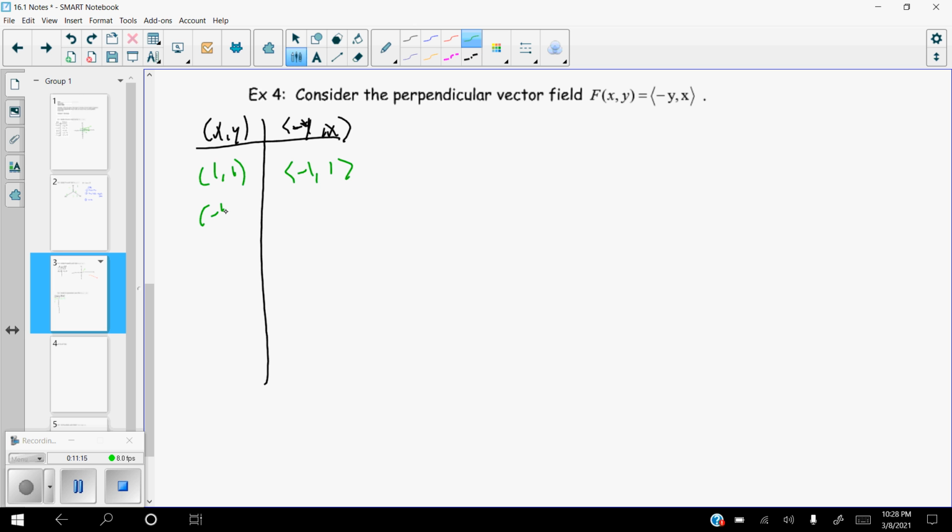If we did negative 1, 1 for our starting point, it's the negative of y, so that's negative 1, then the x value, which is also negative 1. And if we do negative 1, negative 1, the negative of the y value is positive 1, then the x value is negative 1.